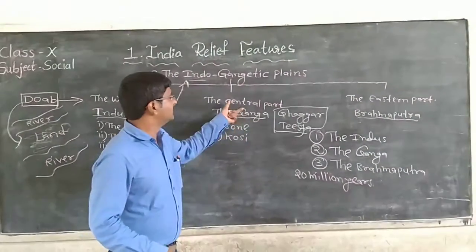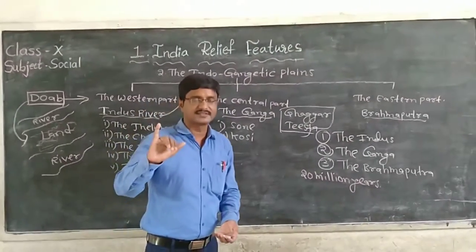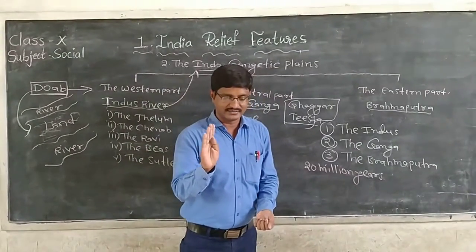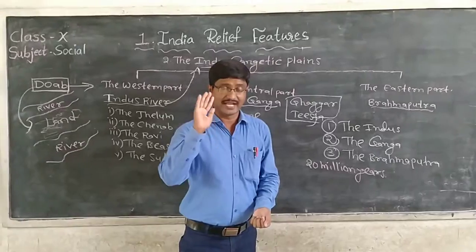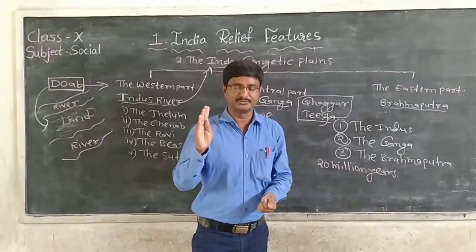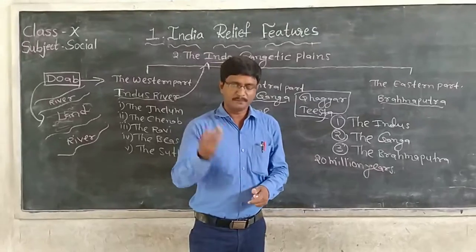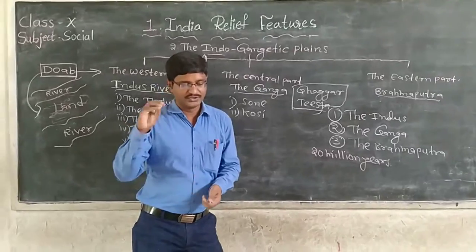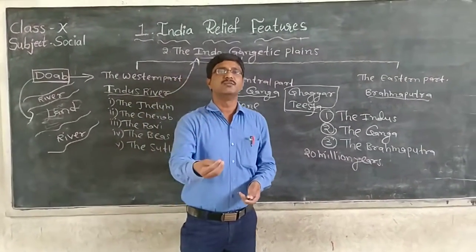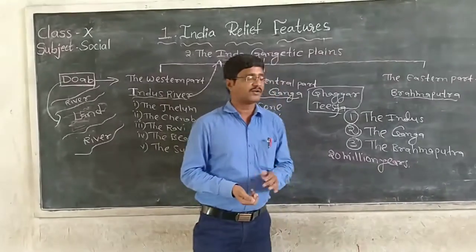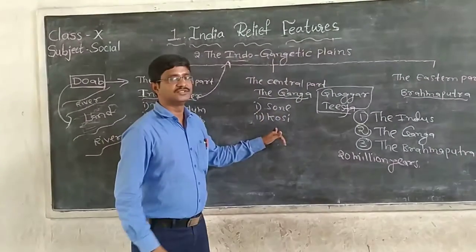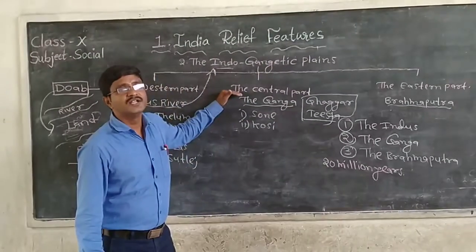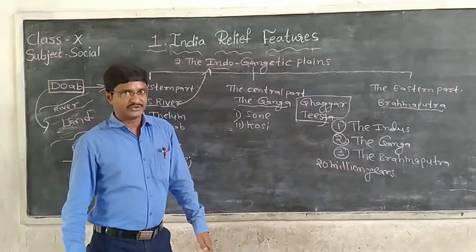In which states does this central part spread? It spreads mainly in the states of Uttar Pradesh and Bihar, partly in the states of Haryana, Jharkhand and West Bengal. So here the river Ganga and river Yamuna, and their tributaries Son and Kosi, are the main reason for the formation of Ganga Plain, or central part of the Indo-Gangetic Plain.